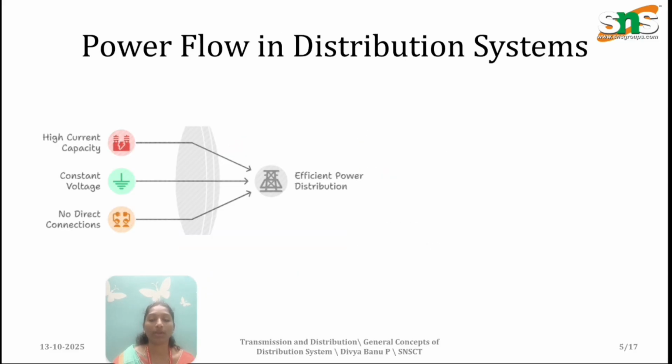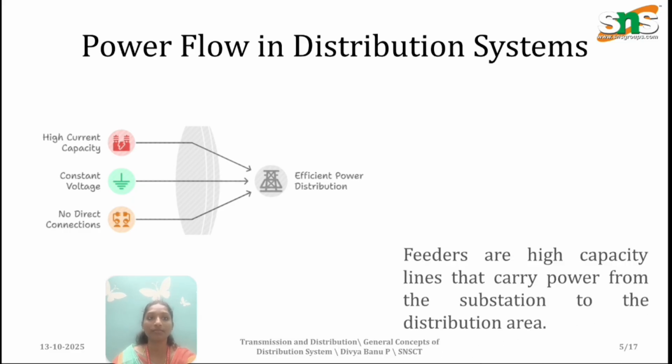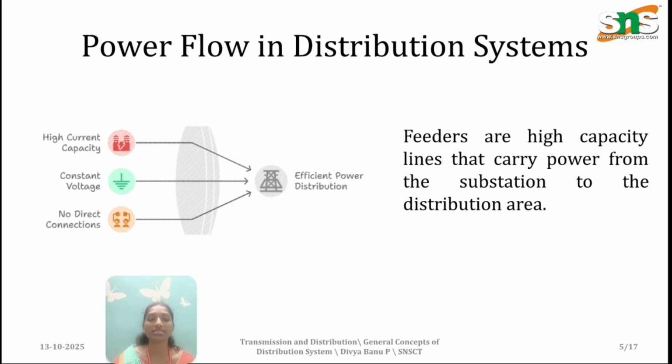Now we are going to see the power flow in a distribution system. Power can be distributed efficiently when there is high current capacity, constant voltage and no direct connections. These are the parameters for efficient power distribution. Feeders are high capacity lines that carry power from the substation to the distribution area, and the power reaches the substation from the transmission part.